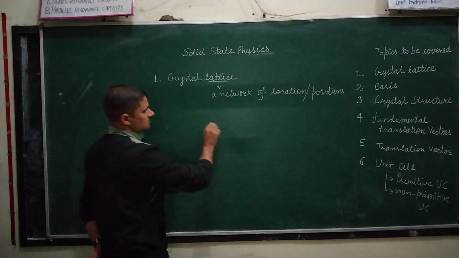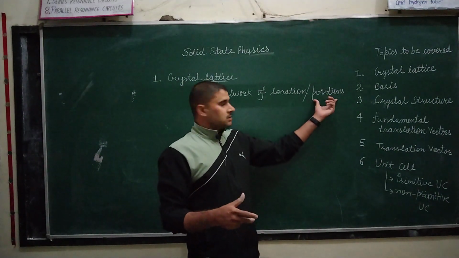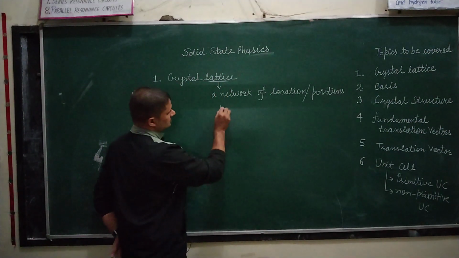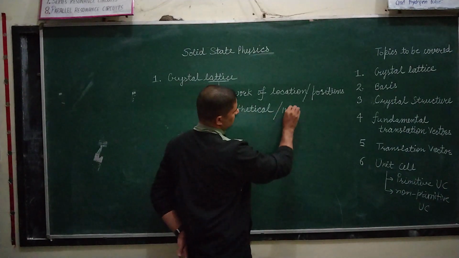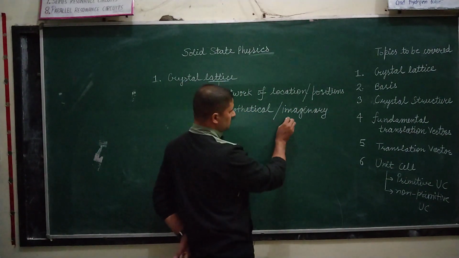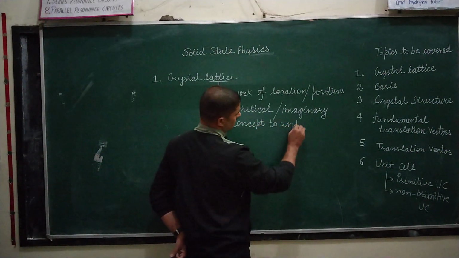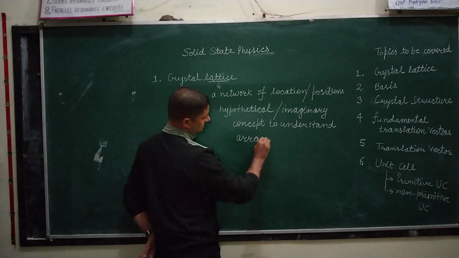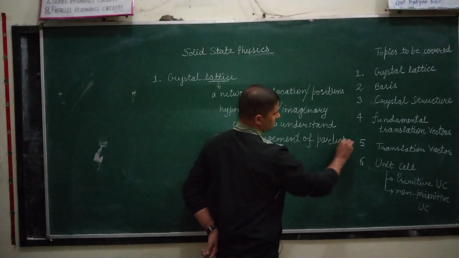So the crystal lattice is periodic, see, this network of locations or positions of particles is itself periodic, and this is a hypothetical, or you can say imaginary, concept, okay, to understand the arrangement of particles in the crystal.